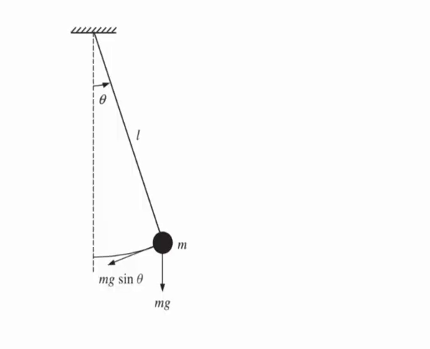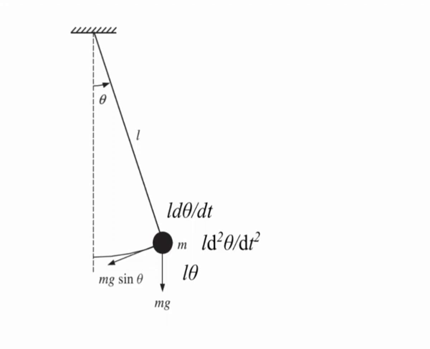For an angular displacement theta, the displacement of the mass along the arc of the circle of length L is L theta. Hence, the velocity along the arc is L d theta upon dt, and the acceleration is L d square theta upon dt square.